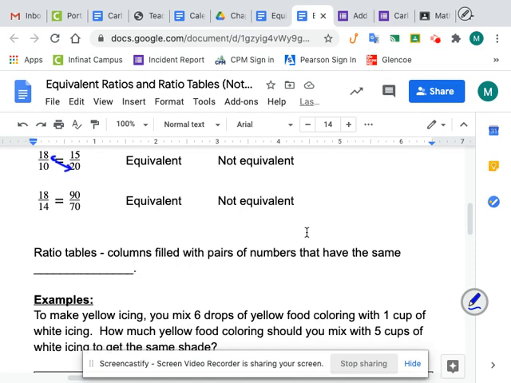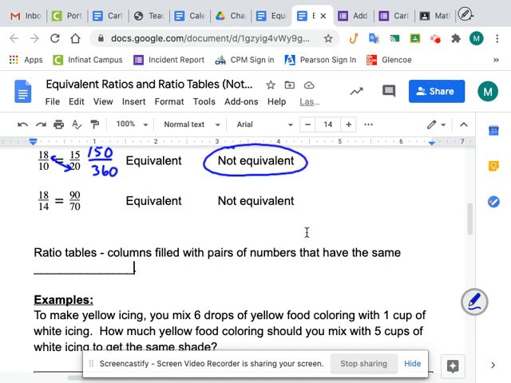So 18 times 20 ends up being 360, and 15 times 10 is 150. If my numerator and denominator are the exact same number, they are equivalent. If not, they are not equivalent.